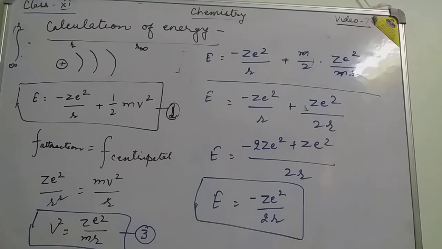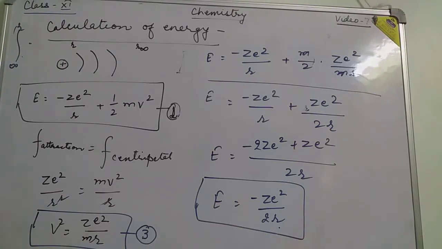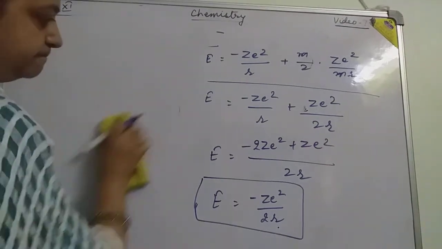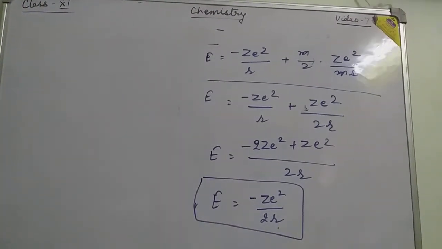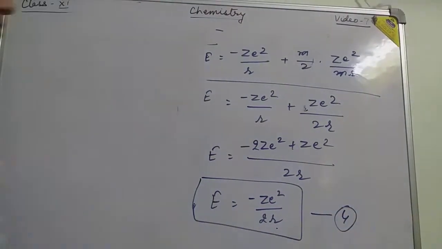This is the energy. If we put the value of r from the radius calculation, this is our next equation, equation number 4.